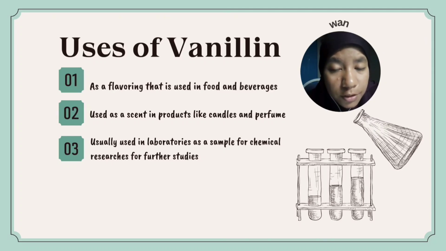Vanillin is usually used as a flavoring in food and beverages such as coffee, cakes, cookies, and others. It is also used as a scent in products like candles, perfumes, and other cosmetic products. Vanillin is also used in labs as a sample chemical for research.